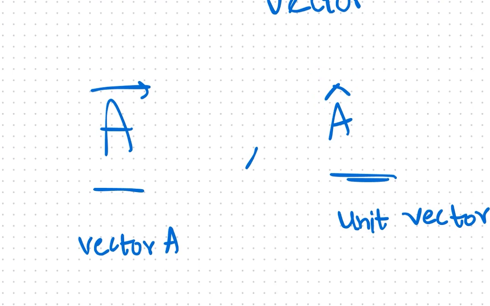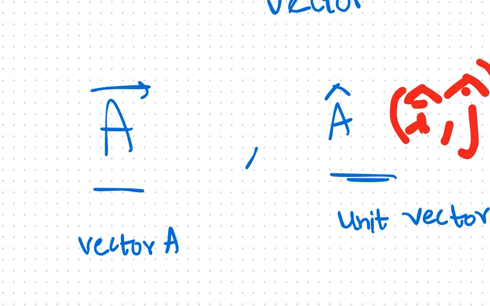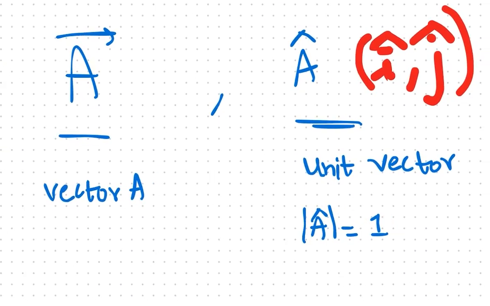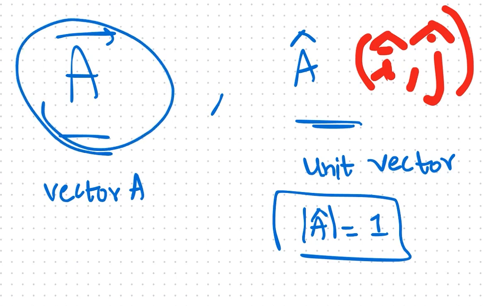It's just like I cap, J cap. They are unit vectors. So the magnitude of A cap will be 1. This is what you need to understand: when a cap is there, the magnitude will be 1. It is a unit vector. Other vectors can have a magnitude of 2, 3, anything.